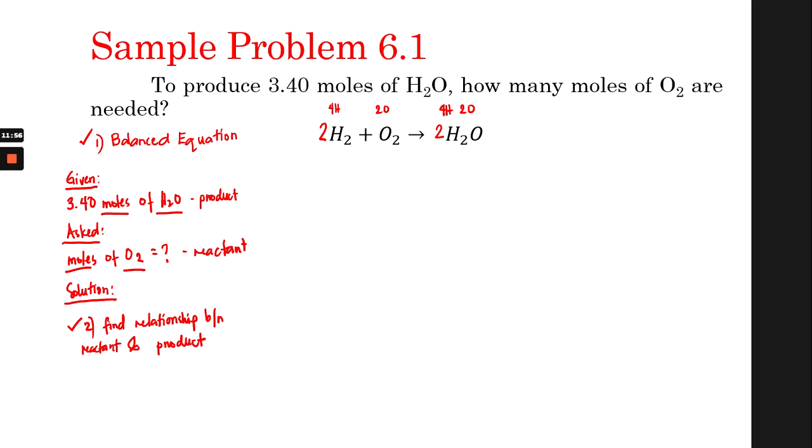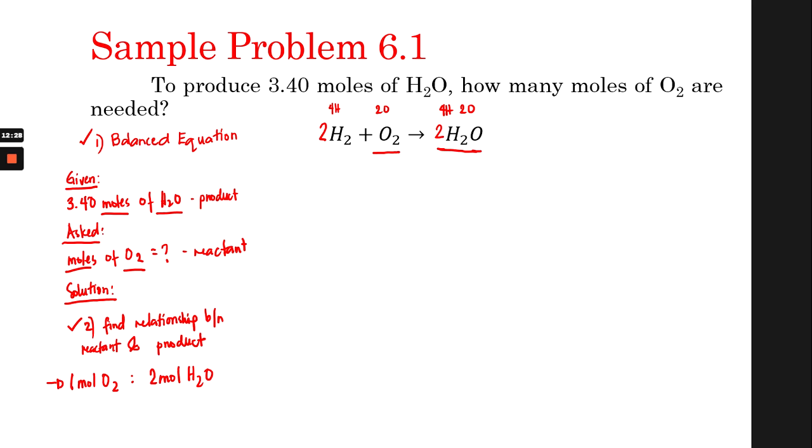So if you look here, you have 1 mole of O2 and 2 moles of H2O. So what that means is you have a relationship of 1 mole of oxygen for every 2 moles of H2O. This is your molar relationship in your stoichiometry.